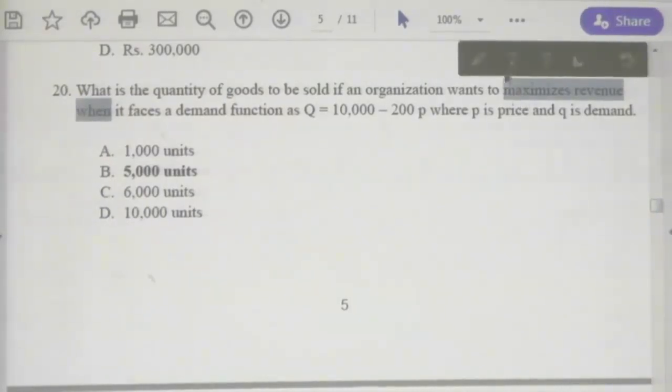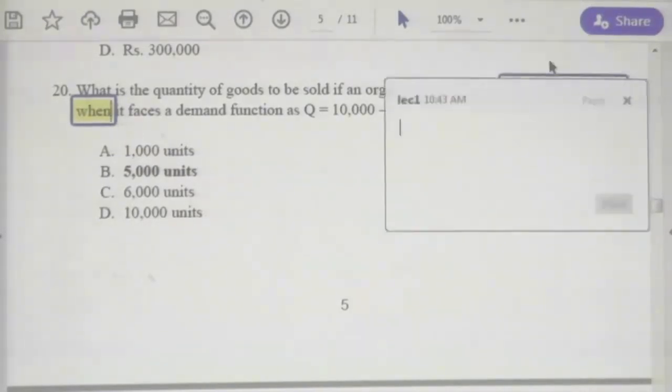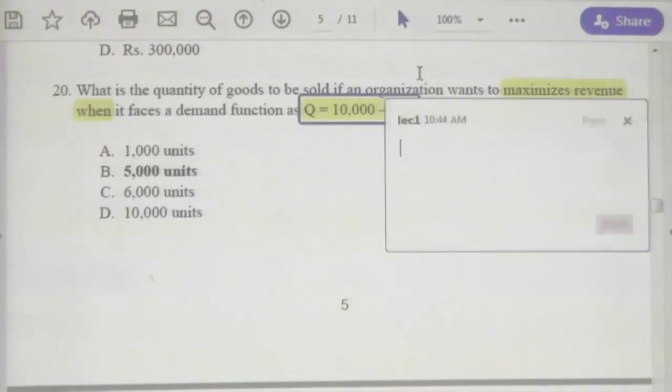To maximize their revenue, you need to find out the revenue function first. Now we have been given this demand function. How can we develop the revenue function from the demand function?